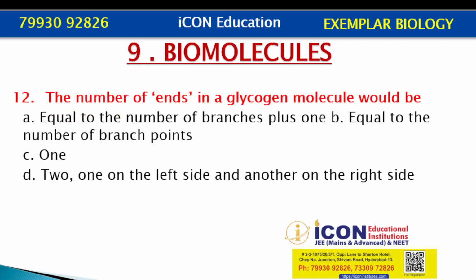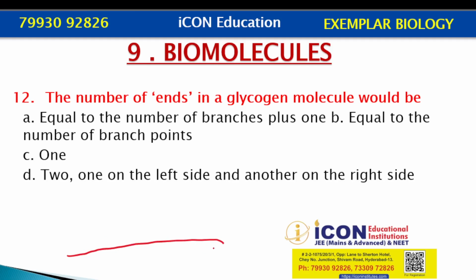Question number 12. The number of ends in a glycogen molecule could be. We know that the glycogen molecule has a branched structure. Okay, they are branched polysaccharides.